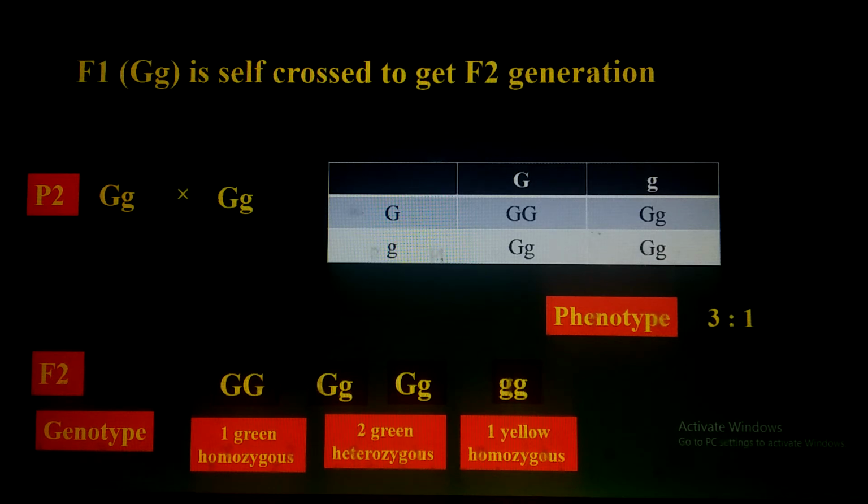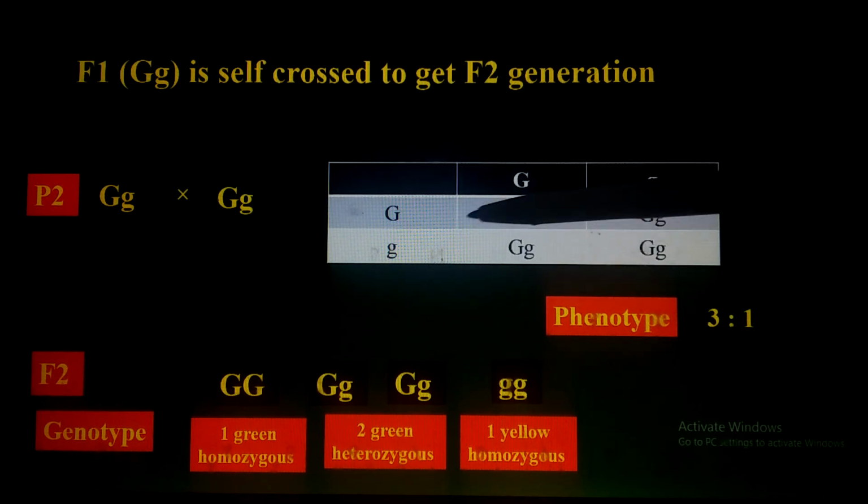Now what will happen? Here you can see the gametes that will be produced: capital G and small g. Is it clear? The other parent also produces capital G and small g. So you can see here the gametes formed. Now the F1 is self-crossed with F1.